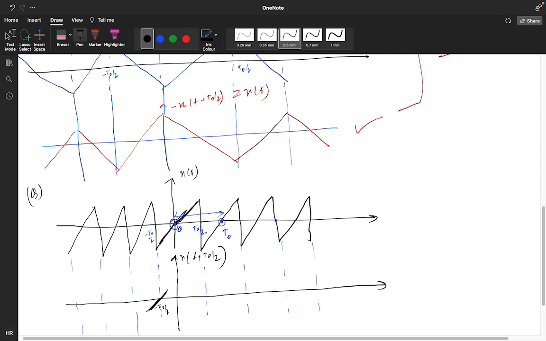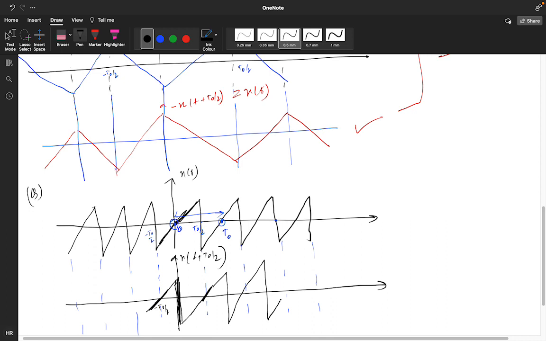At 0 point, t naught by 2 minus t naught by 2. So it will be your straight line part, right? And t naught minus t naught by 2 will be t naught by 2. So you will get this here, and this part you will get here, correct? So it will be the signal like this.